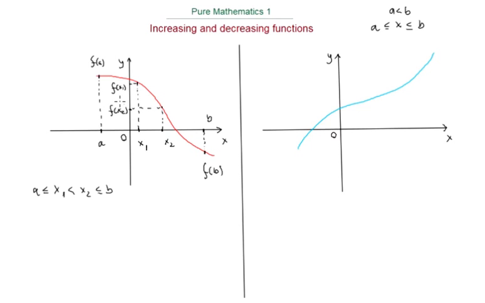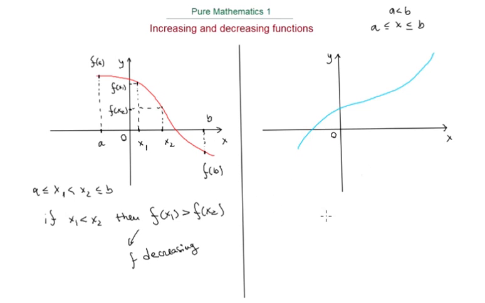And in the case of a decreasing function, we will see that if x1 is less than x2, that means that f of x1 will actually be greater than f of x2. We will say that when this happens, the function is decreasing over the interval from a to b.